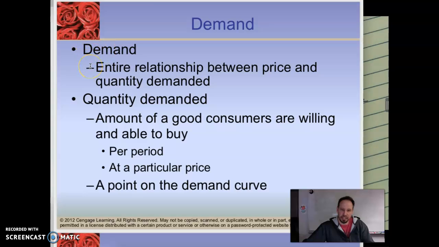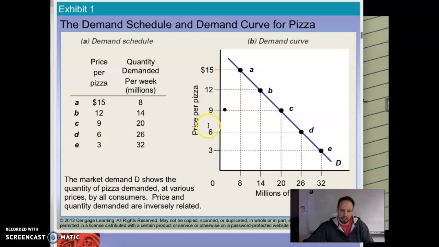Demand is the entire relationship. It's the entire curve. Demand is the curve. Quantity demanded is one point on that demand curve. Hopefully that makes a little bit of sense in how we are going to read this demand curve, which we'll get to in further lessons. All right, thank you.